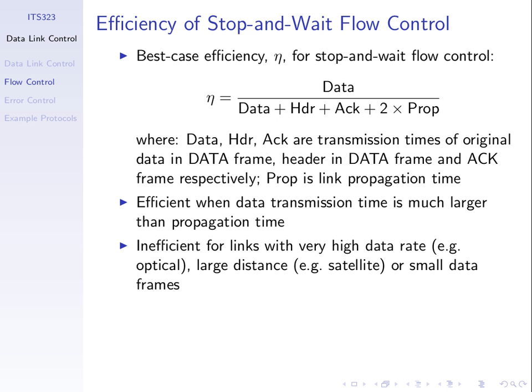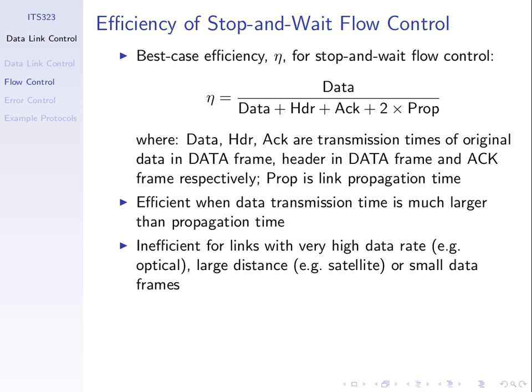You can derive this equation and you can try different values to see that stop and wait generally, if we have a very high data rate, a large distance or small data frames, it's inefficient. That is, the efficiency will be low.